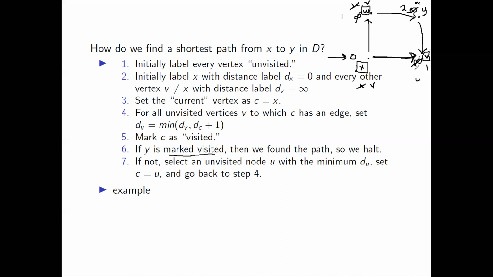And we can look at V and see, does V have any unvisited neighbors to which it has an edge? So is there any vertex that's unvisited to which this current vertex V has an edge? We can see V doesn't have edges to any vertex.